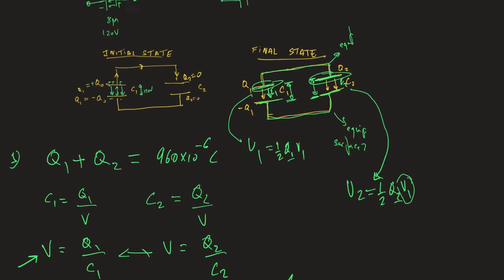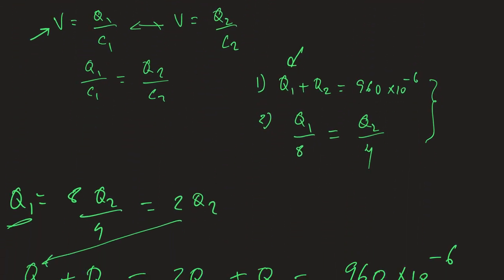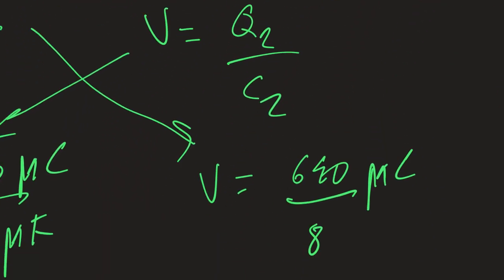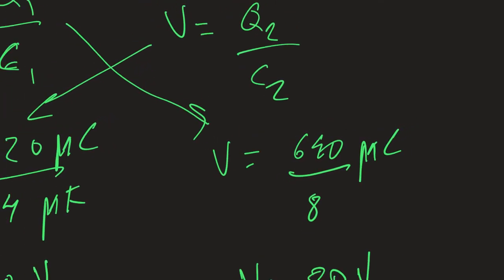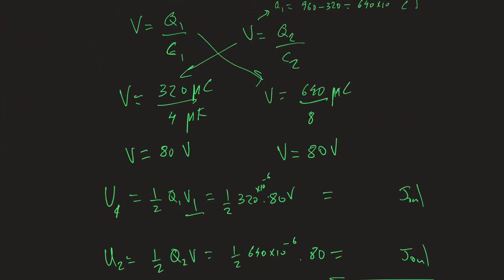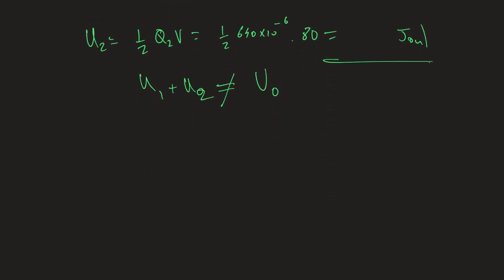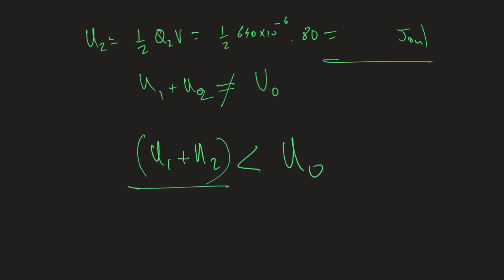No. What happened is that in the accommodation of the charge between the two metallic plates, there is a loss of energy. The difference is the loss of energy. So U1 plus U2 will be lower than U0 because some energy is lost. Okay, this is one of the problems.